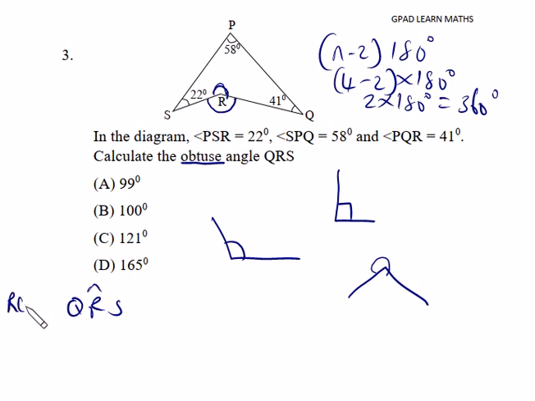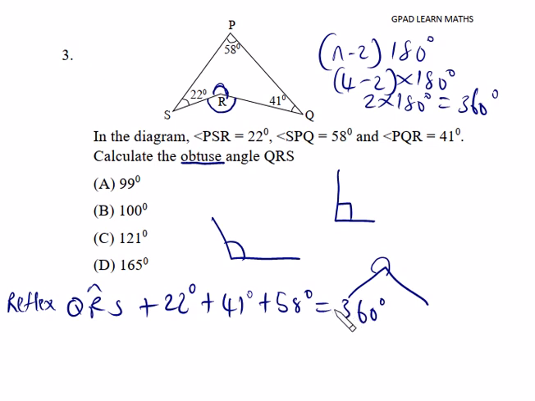So I can say reflex QRS plus 22 degrees plus 41 degrees plus 58 degrees. How many angles do we have now? We have 1, 2, 3, 4. If I add all these angles, I should get 360 degrees. Now, if you add these three angles, what would that give you? You will get 121 degrees.